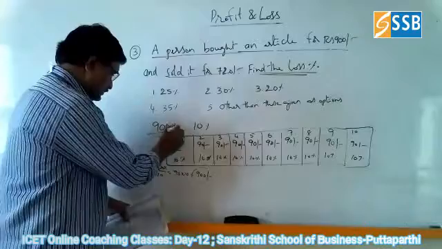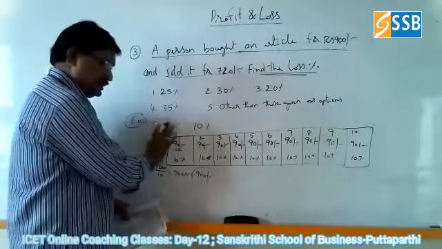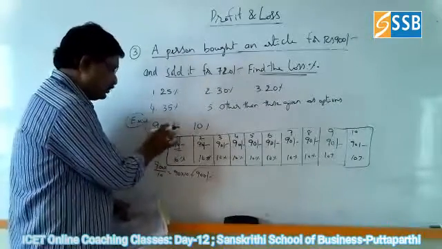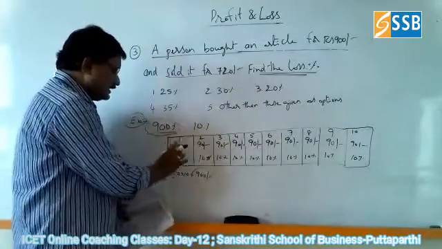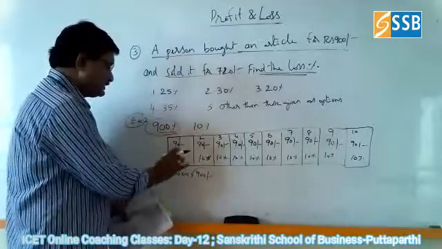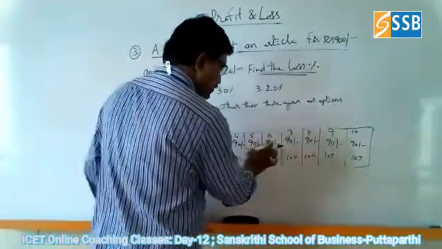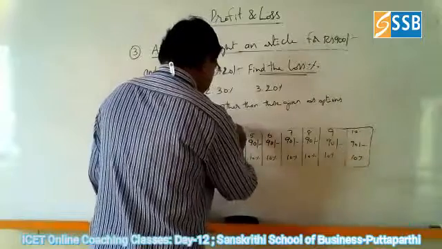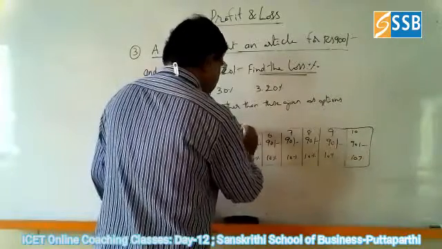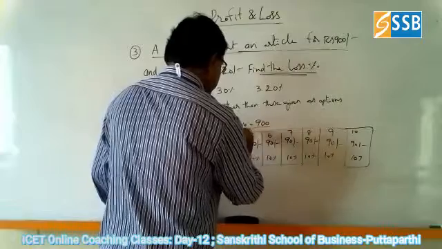So how can we solve this? 900 rupees I can split as 10 parts, each part consists of 10%. 10% of this is 90 rupees each. If you say, sir, 90 into 10 gives 900, definitely.